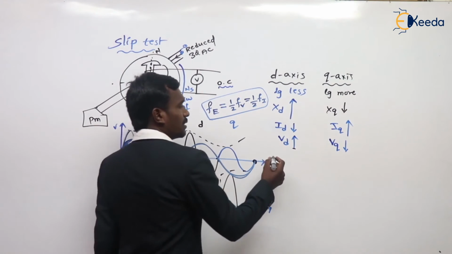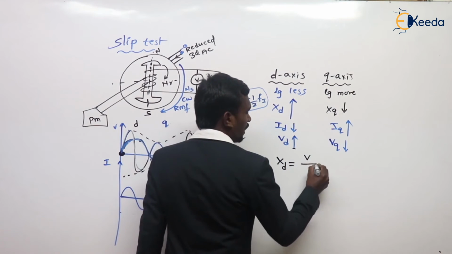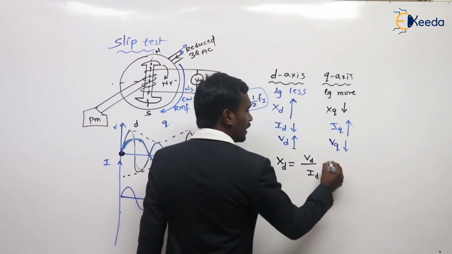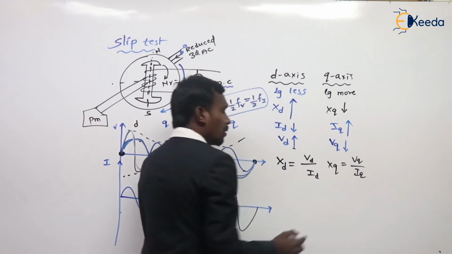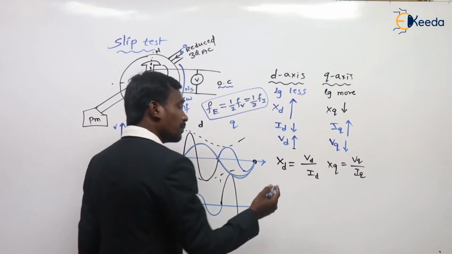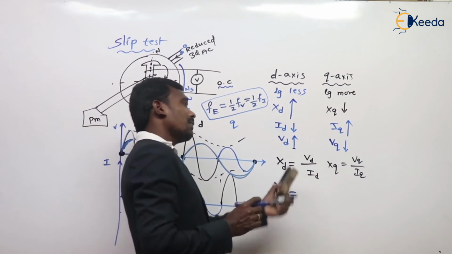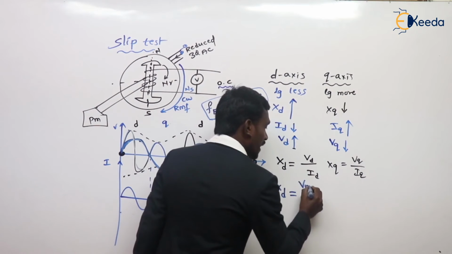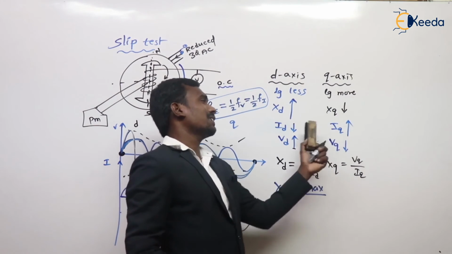And from this test, what is the value of X? X is nothing but V upon I, that is VD upon ID, and XQ is equal to VQ upon IQ. But what is the exact formula for XD? XD is equal to VD. VD is nothing but V maximum or V minimum? VD is nothing but V maximum, upon, what is ID, minimum or maximum?